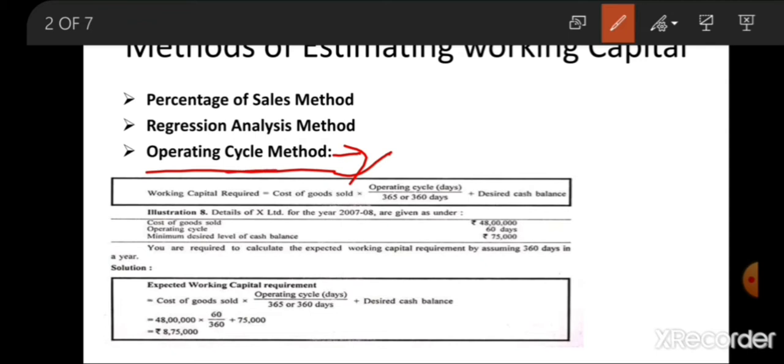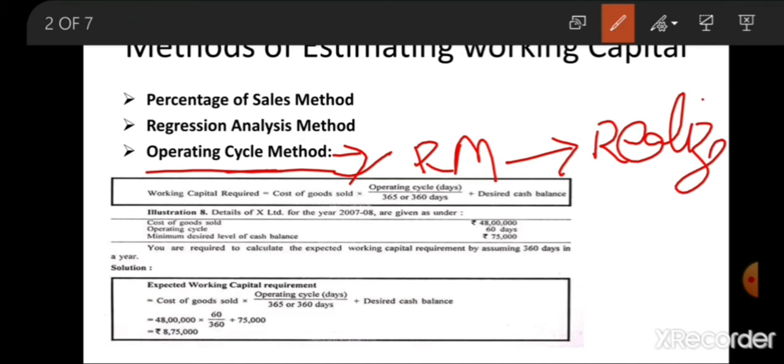This cycle starts with the purchase of raw material or other resources, and ends with the realization of cash from the sale of finished goods.